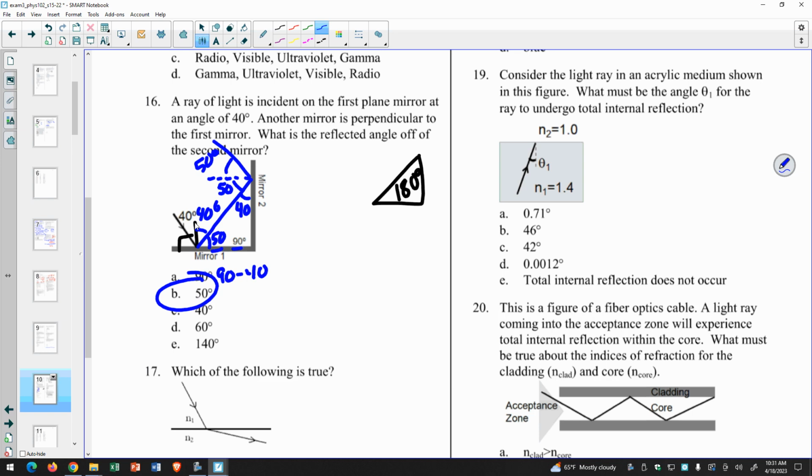Okay? Be careful though, notice that I have other options here, like I have 40 degrees, that was an angle that came up commonly. I also have 90 degrees there, I have 140 degrees, like all of those angles were angles that came up at various points in determining what is the reflected angle. So just because you see a number that's in the options doesn't mean that it's the answer, of course.